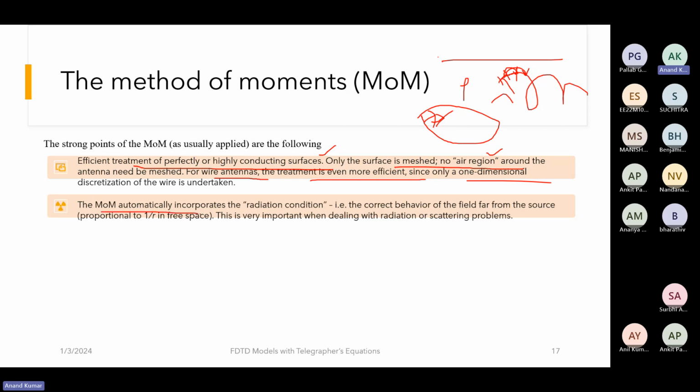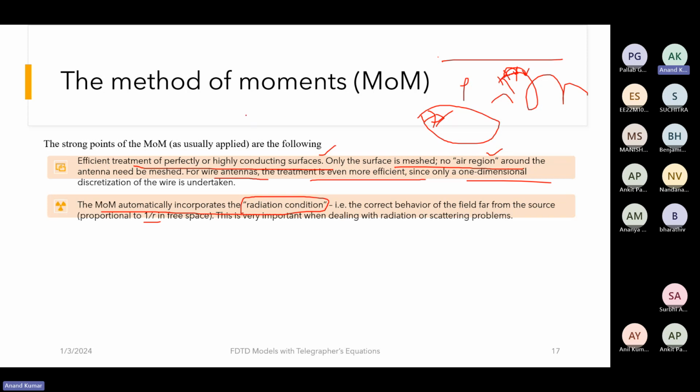The method of moments automatically incorporates the radiation condition that we have already discussed, and we don't have to bother about meshing the outside region of whatever structure we're simulating. The far field condition is automatically included in the method of moments formulation.